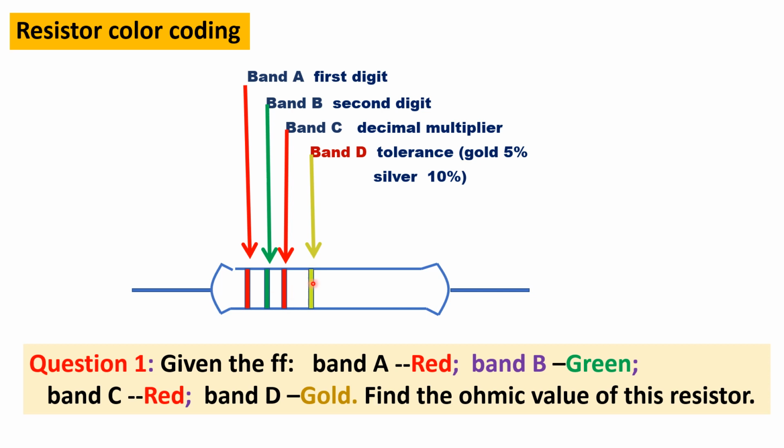And it's usually either gold or silver. But there are resistors with no degree of tolerance. There is no fourth band.